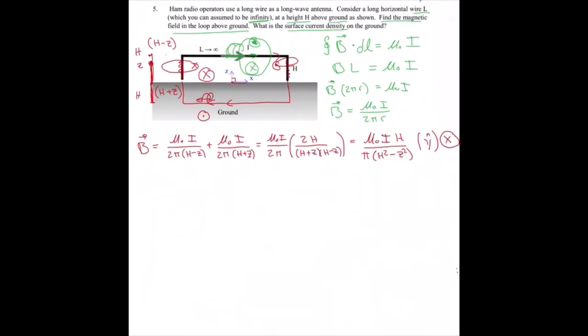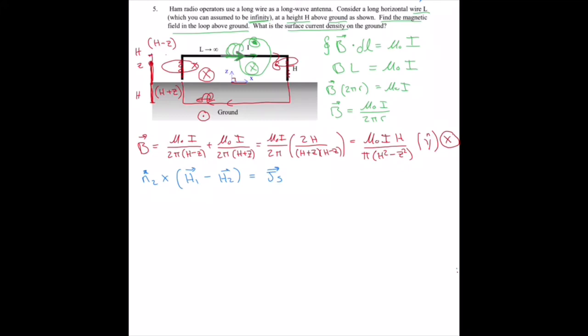Now that we have our magnetic field defined, we can move on to the second part of the question. What is the surface charge density on the ground? To do that, we need to remember our boundary equations for magnetic fields, and the one that we're going to use is n2 hat crossed with H1 vector minus H2 vector, and that will equal our Js, or our surface current vector.